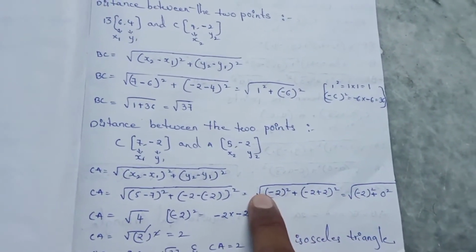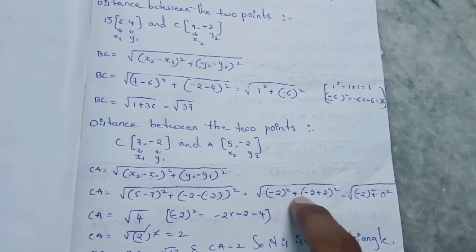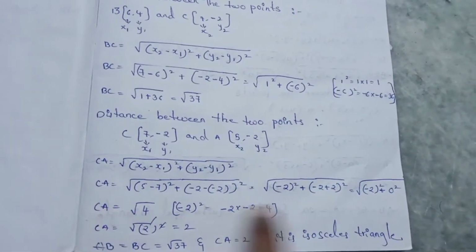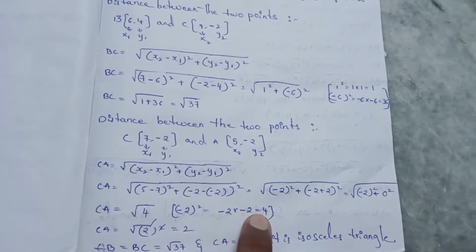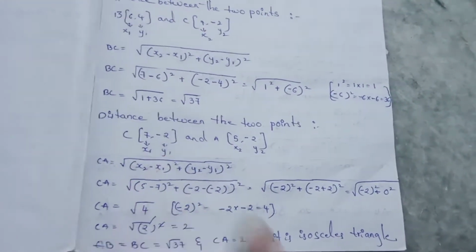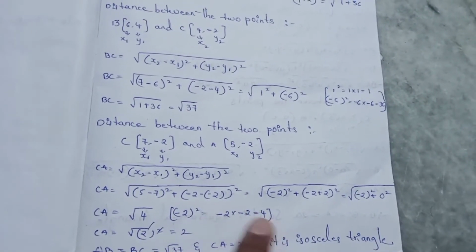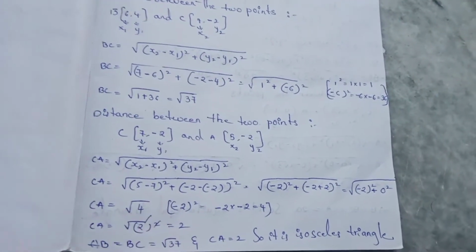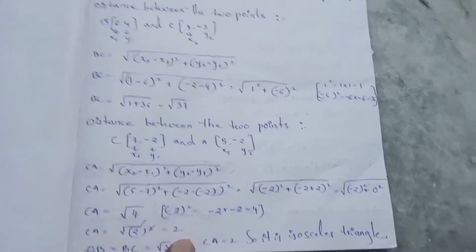Minus 2 whole square is minus 2 into minus 2, which is plus 4. Plus 0 square. Now root 4, 4 can be written as 2 square, the square and root cancel, and what is remaining here is 2.